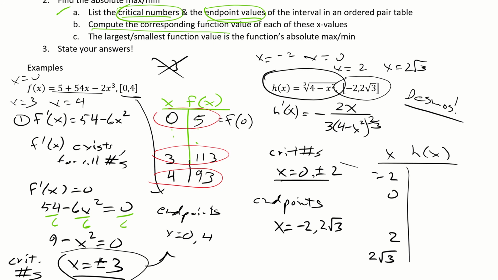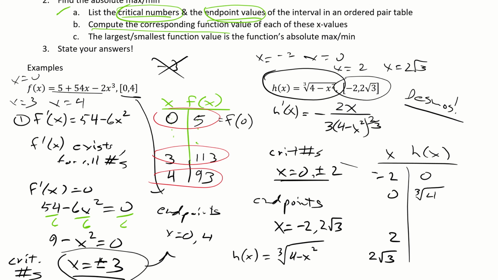H of x is the cube root of 4 minus x squared. If I plug in negative 2, it becomes 4 minus 4, which is 0. If I plug in 0, I've got the cube root of 4, and that's a positive number.